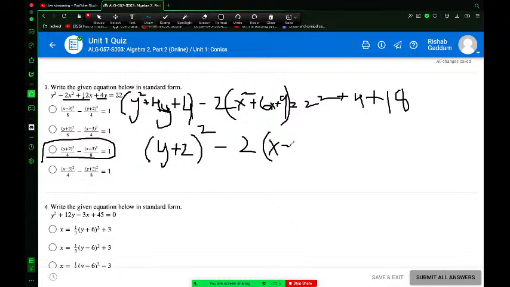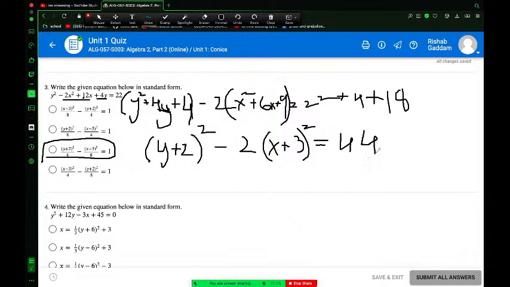So that's just 6 divided by 2, and for the rest of these, it's just like that. So we have x plus 3, and that would be squared. Good job.